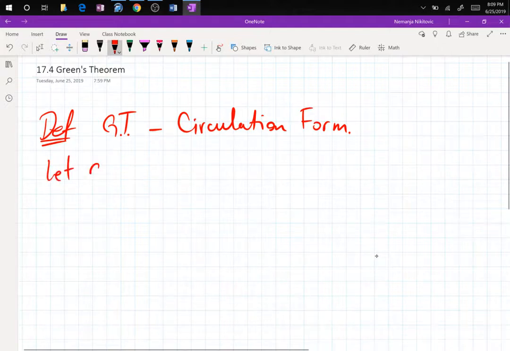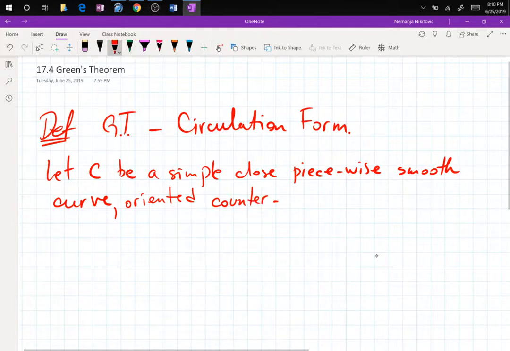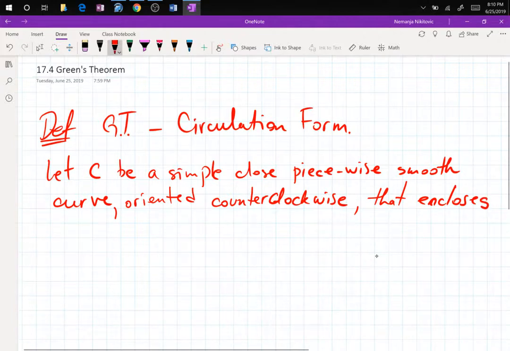Let C be a simple closed piecewise smooth curve oriented counterclockwise that encloses a connected and simply connected region R in the plane.